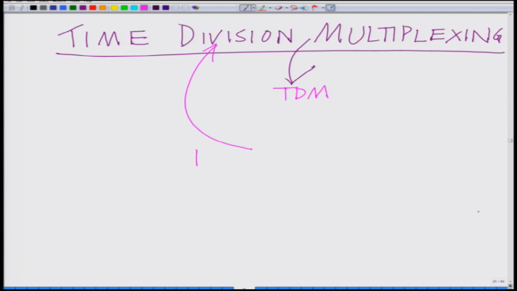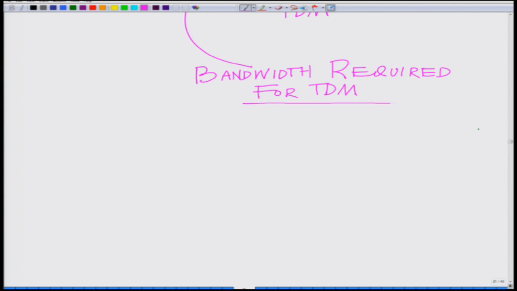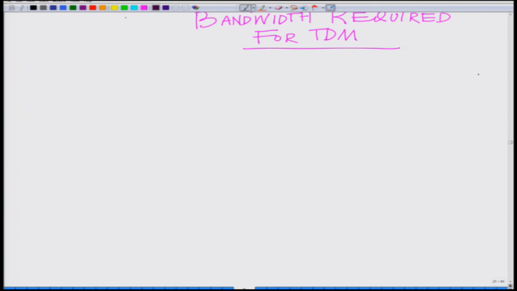So first we want to answer the question, what is the bandwidth required for TDM?